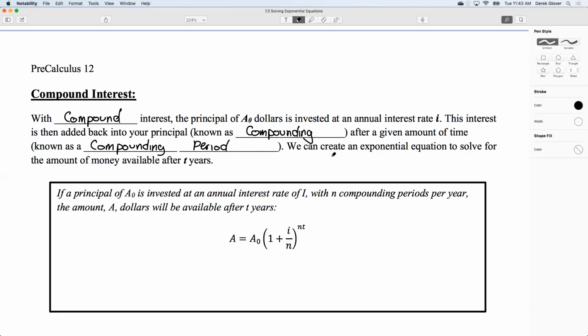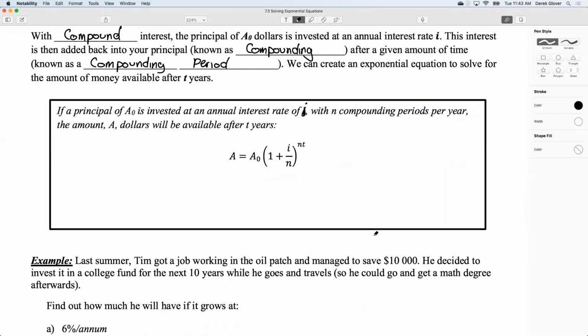We can create an exponential equation to solve for the amount of money available in t years. With a principal of A naught dollars invested at an annual interest rate of i, with n compounding periods per year, the amount A dollars will be available after t years.